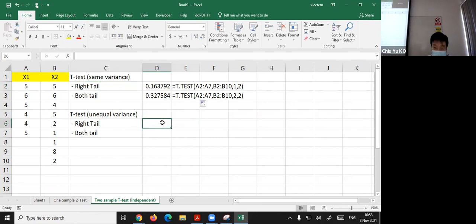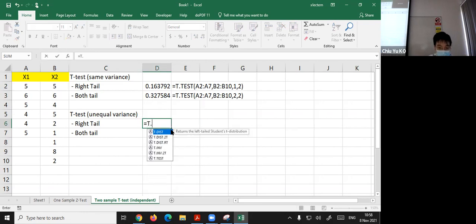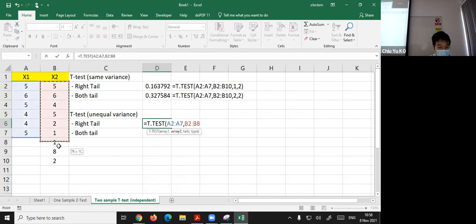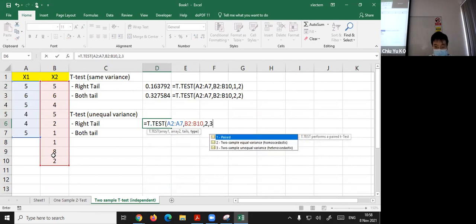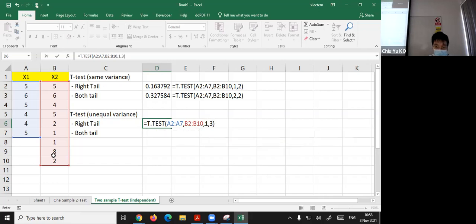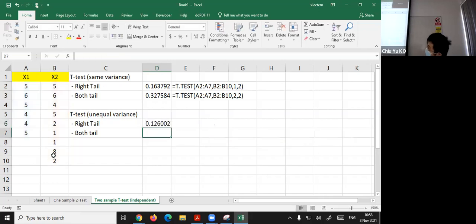Anyway, you can do the same here with T.TEST. Unequal variance is more general: just highlight this and highlight here. It's one tail first, and you have 3. This is how we calculate that.